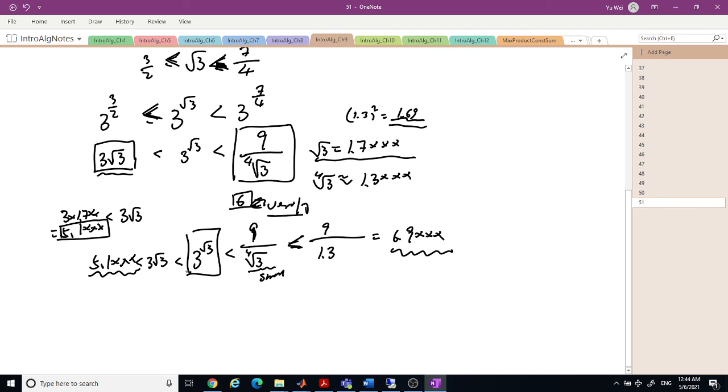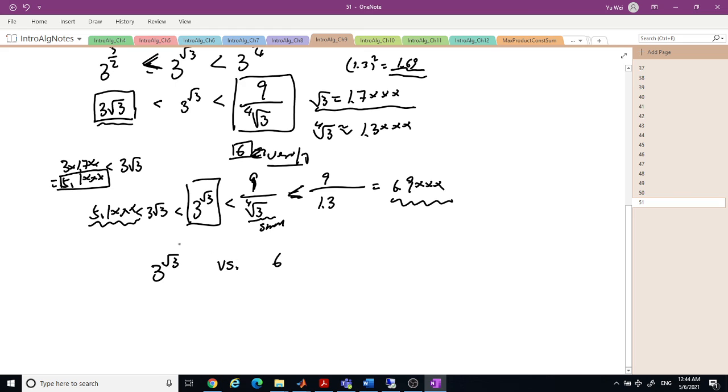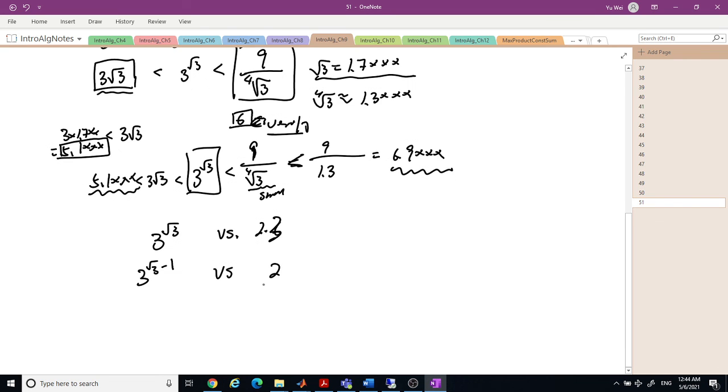Okay, now we need to compare. So let's compare versus 6. We can do this one is 2 times the 3. We can divide by 3 on both sides. Equivalently it is 3 to the power of the square root of 3 minus 1 versus 2.